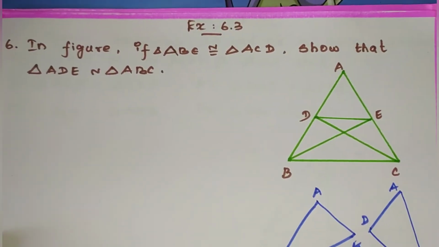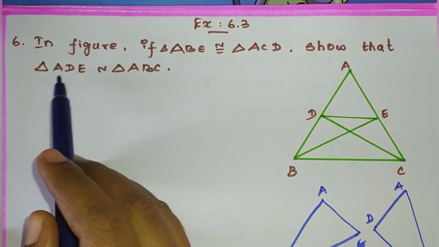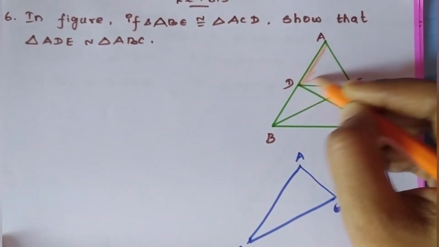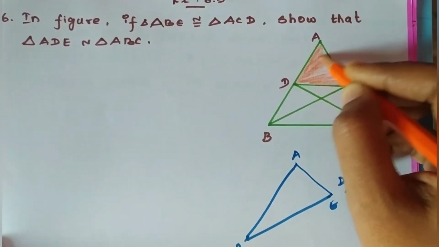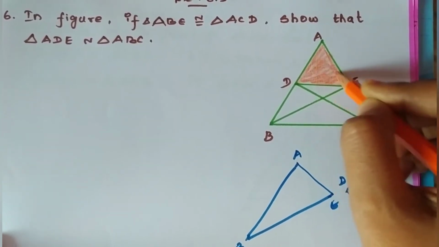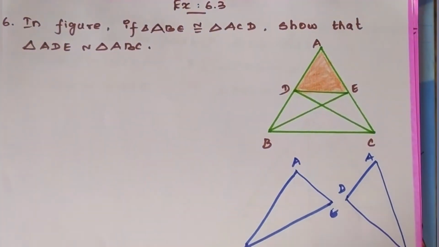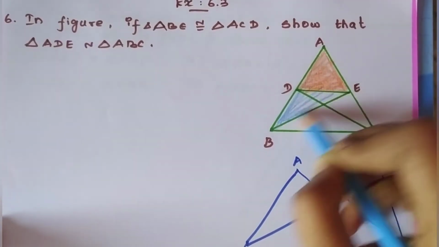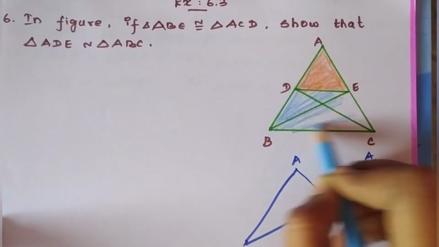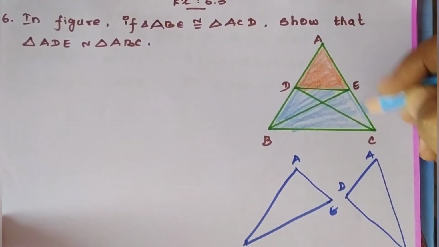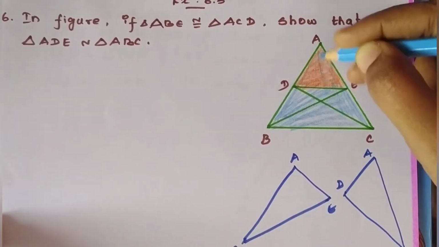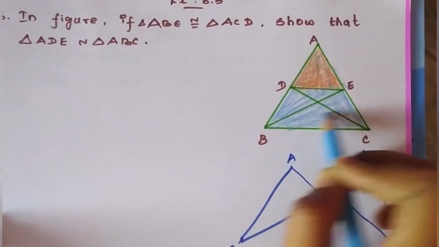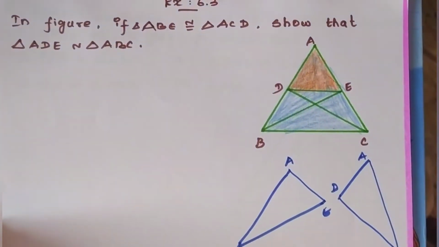Show that triangle ADE is similar to the triangle ABC, that is the whole triangle. You have to prove that the two triangles are similar.